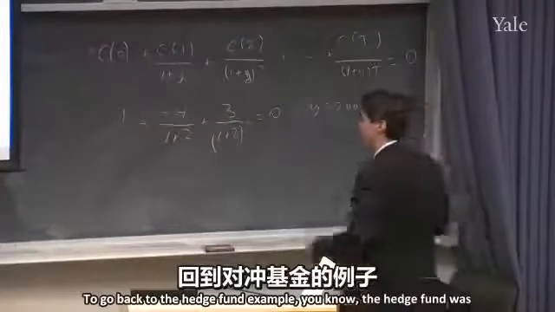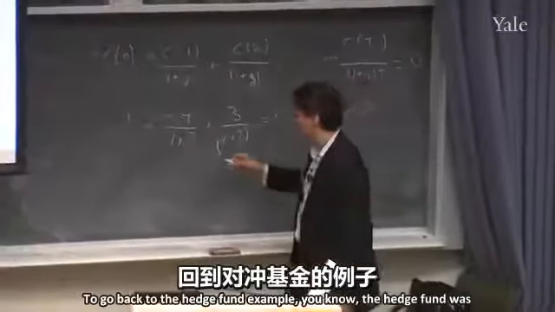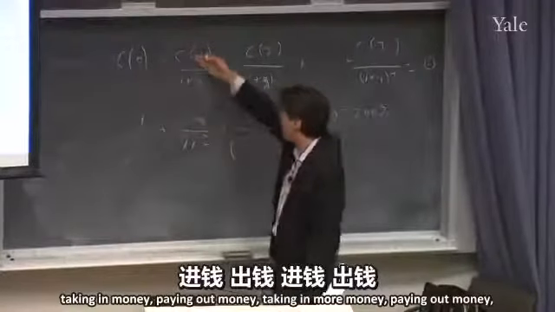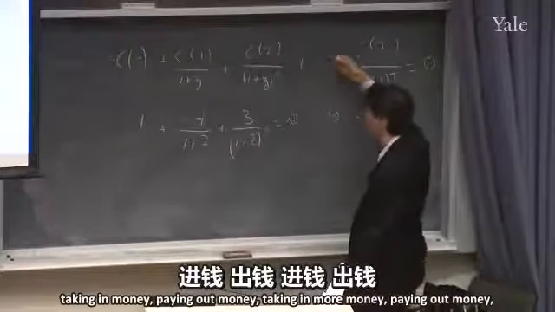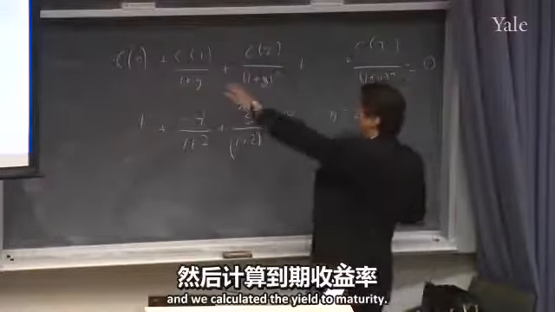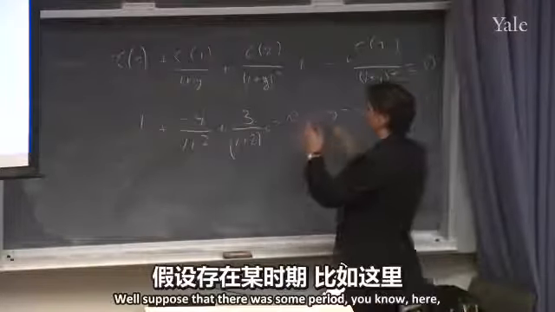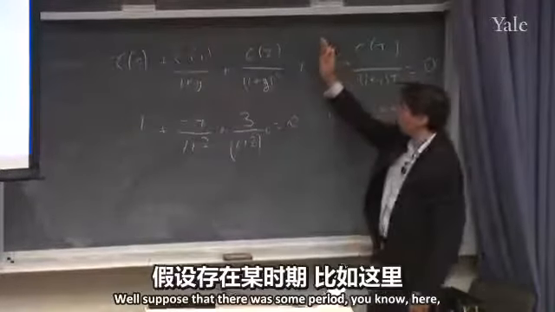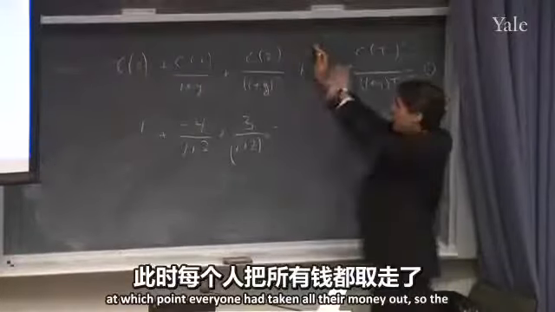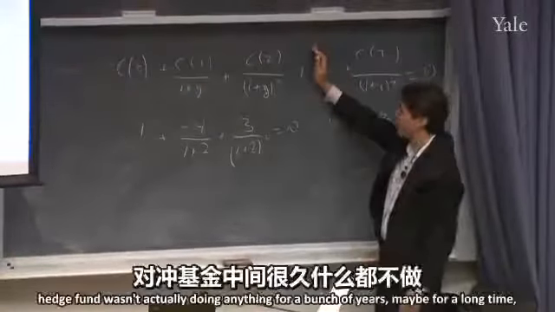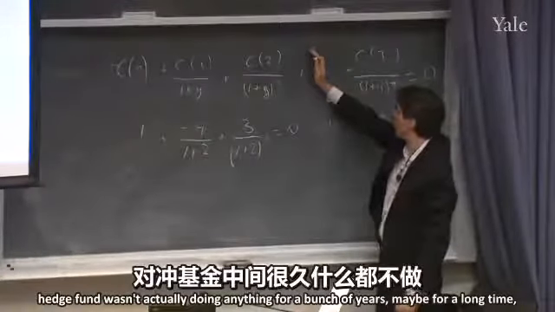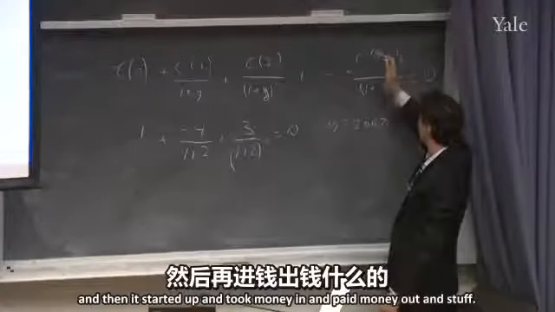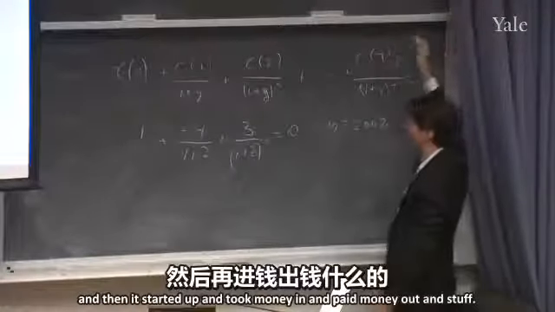To go back to the hedge fund example, the hedge fund was taking in money, paying out money, taking in more money, paying out money, and we calculated the yield to maturity. Well, suppose that there was some period at which point everyone had taken all their money out. So the hedge fund wasn't actually doing anything for a bunch of years, maybe for a long time, and then it started up and took money in and paid money out.